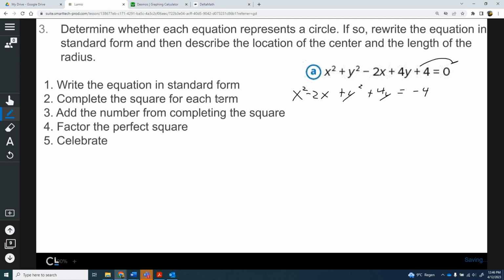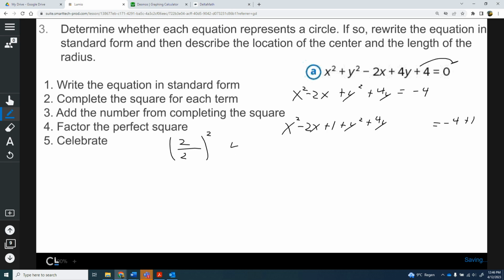Then I'm going to complete the square for each term. So this term is 2/2 squared, that's going to be 1. So it's x squared minus 2x plus 1. And I add 1 to both sides. So -4 plus 1 plus y squared plus 4y.